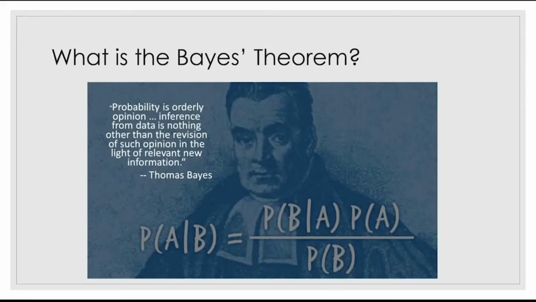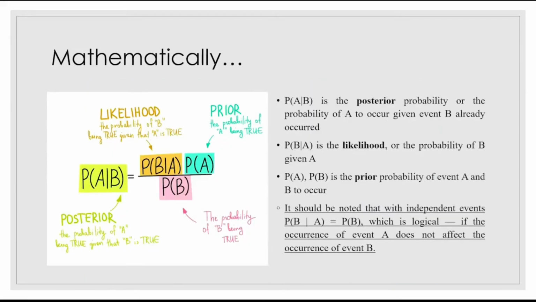It is also an important tool in machine learning and artificial intelligence because it provides a way of thinking about the relationship between the data and a model. A machine learning algorithm or a model is a specific way of thinking about the structured relationships in the data. Now, mathematically, how is Bayes' theorem represented? Let's look at that.